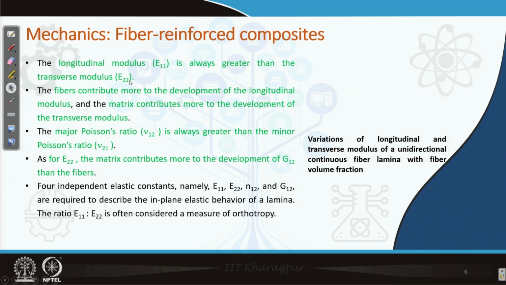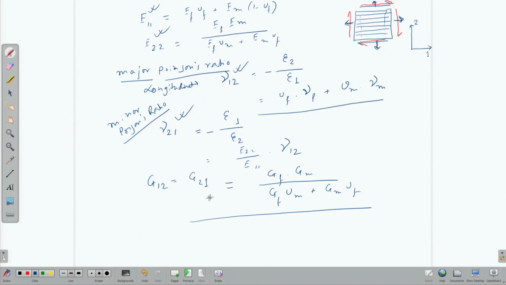So, if you try to plot E 1 1 and E 2 2, how would it look like? Okay. In a single plot, if you try to plot E 1 1 and E 2 2, let me try to plot that.